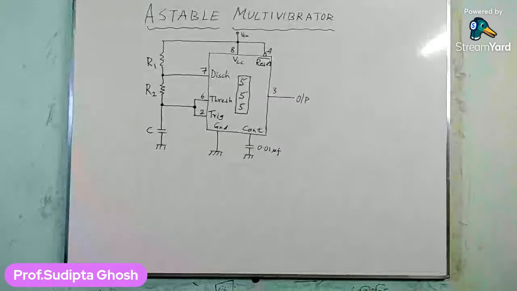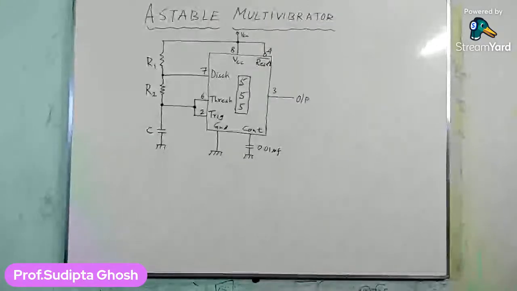Now the circuit operation is like this: when the circuit is switched on, the capacitor C momentarily acts as a short circuit to ground, and the timer is triggered as the capacitor is connected to the trigger pin.